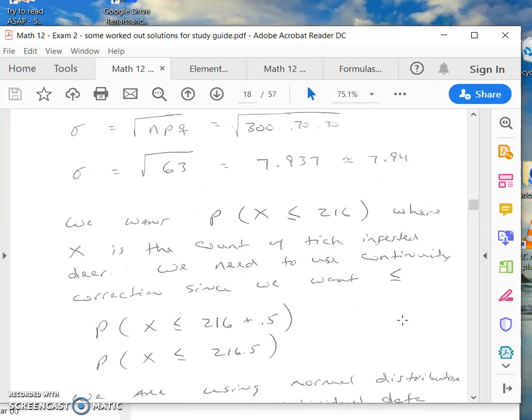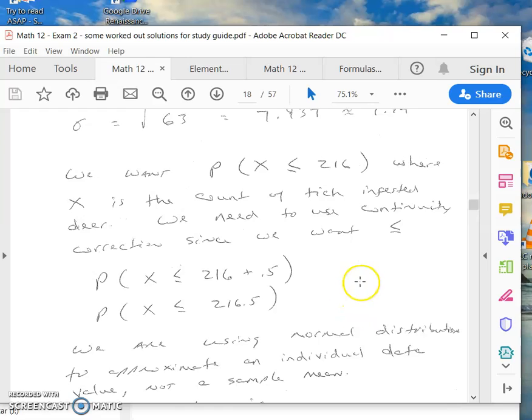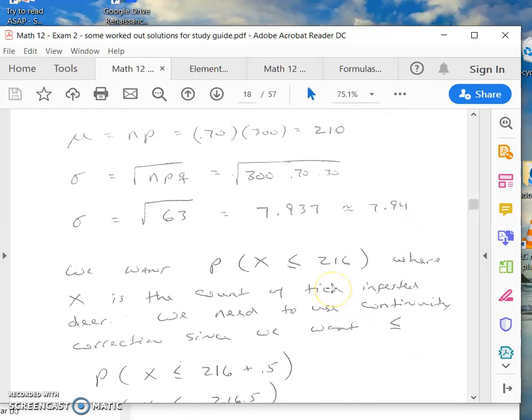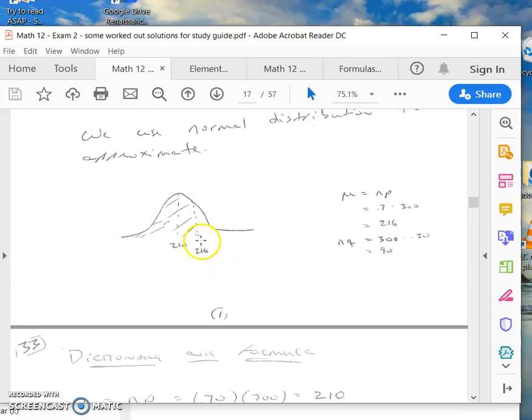It's too hard to do it with a binomial distribution, so we're going to use the normal distribution. You need to remember that on the normal distribution, right here, 216. This is a normal distribution. It's a continuous distribution. So we have to have a correction for continuity, they call it.